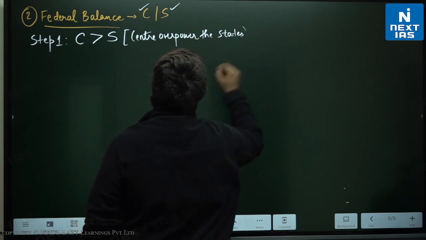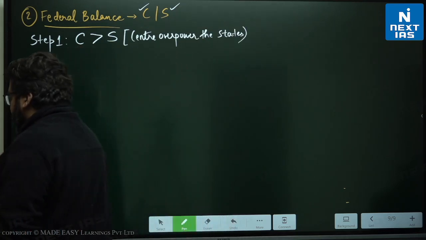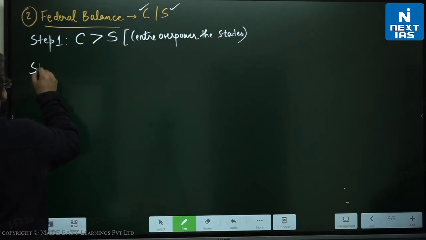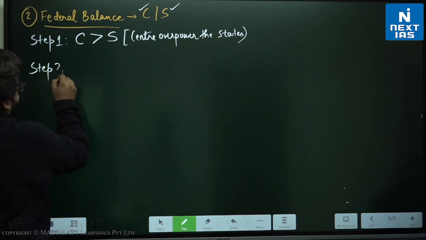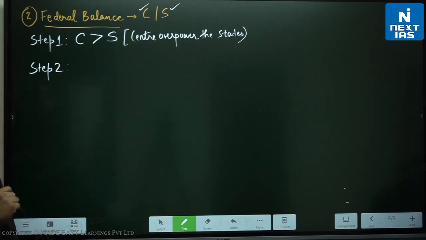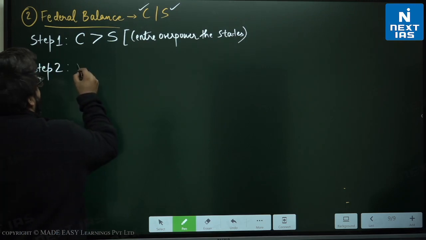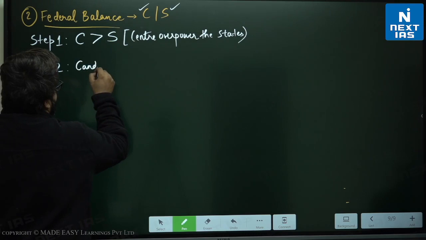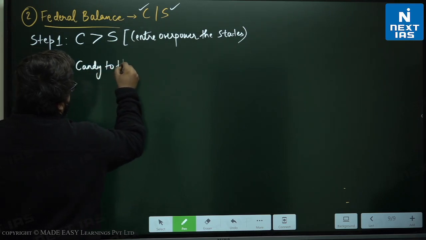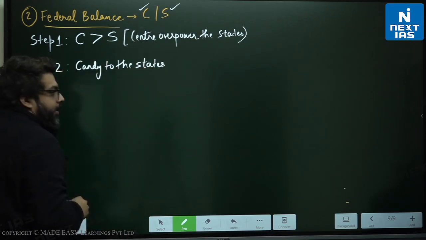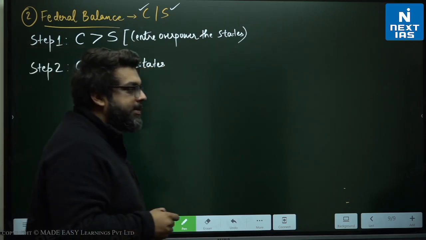Alright, this is the first step. The second step is to compensate for that, to please the states. The center is going to give a candy to the states.